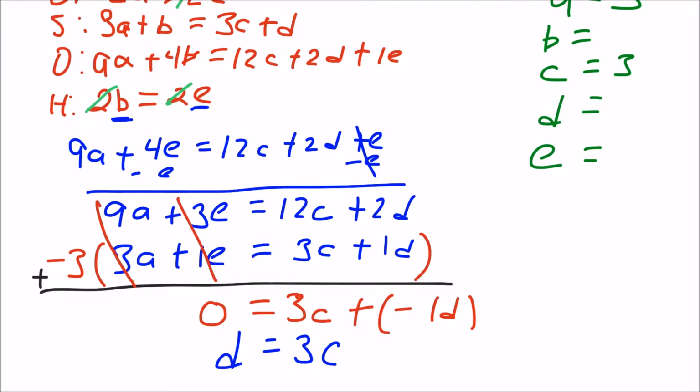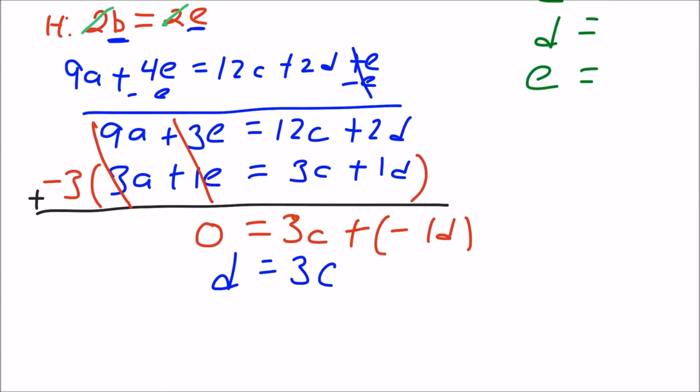So let's look at sulfur's equation, okay? Sulfur's equation is 3a plus b equals 3c plus d. Okay, so let's see here.